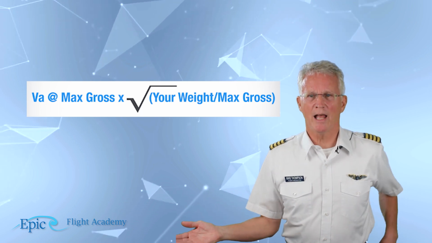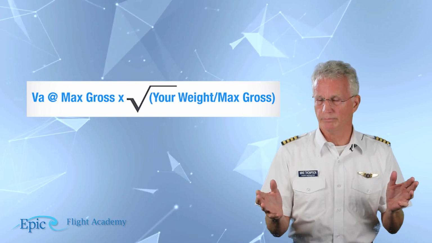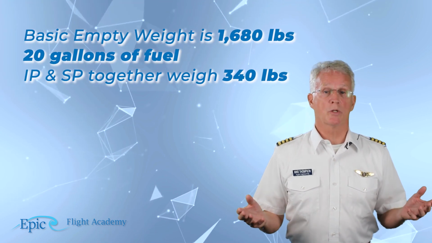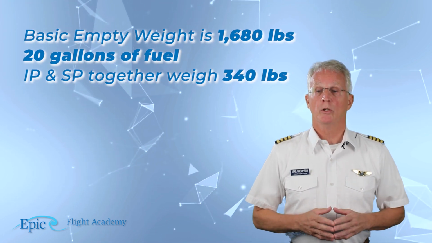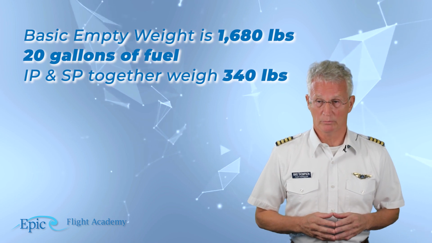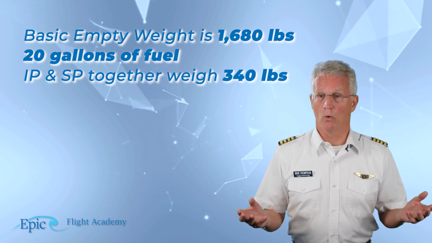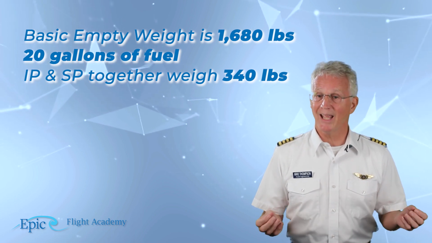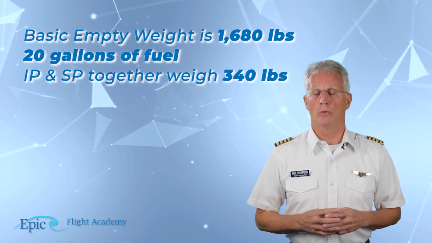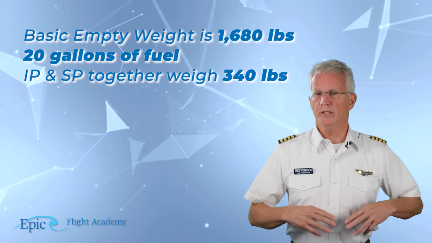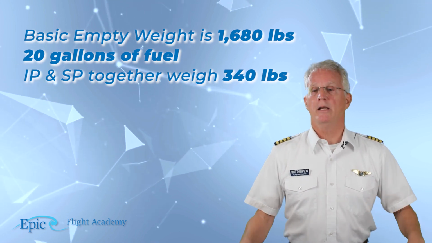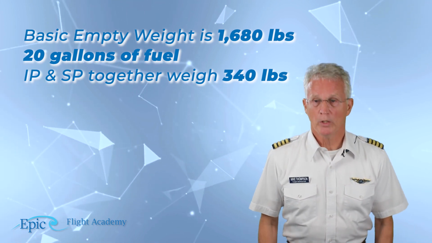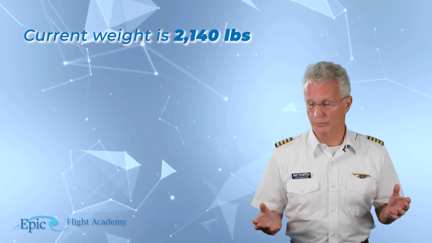Now, let's say we have a scenario where we have a basic empty weight of 1,680 pounds, 20 gallons of fuel, and the IP, or instructor pilot, and SP, or student pilot, together weigh 340 pounds. So let's add this up, and our current weight is 2,140 pounds.